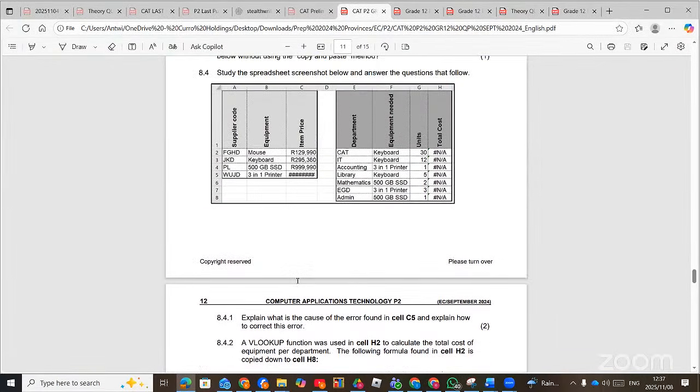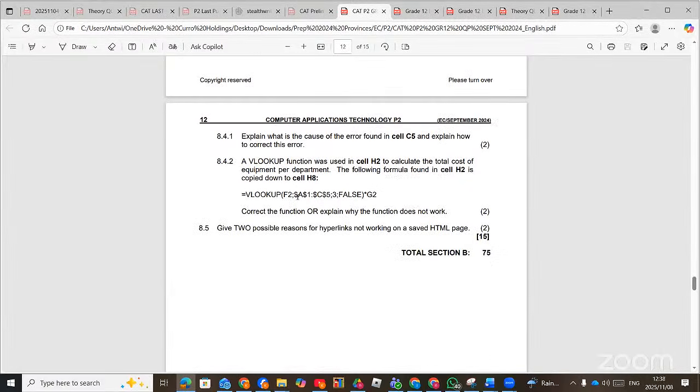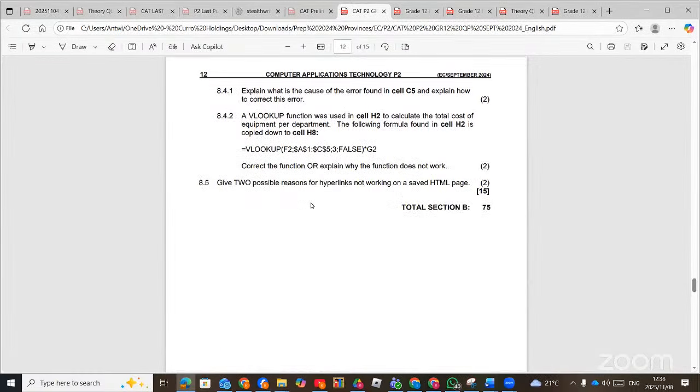They are referring to F2. Here's F2. So if you check here, this is the table. There's no equipment there. Oh yeah, there's equipment needed, so F2 is correct. And then again, A1 up until this to be C5.